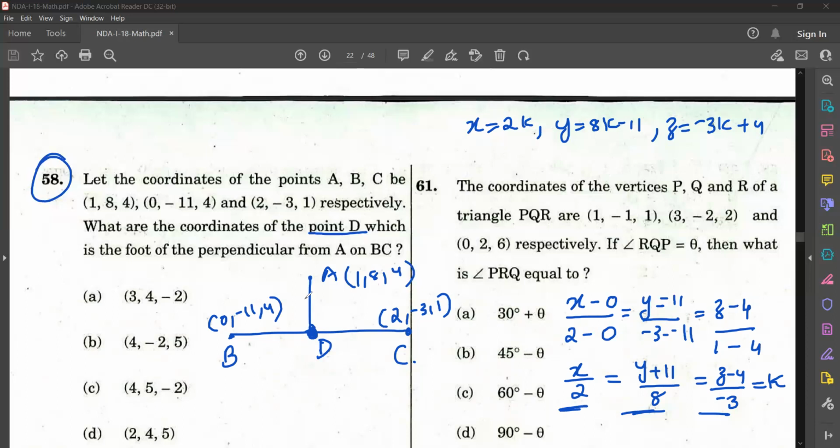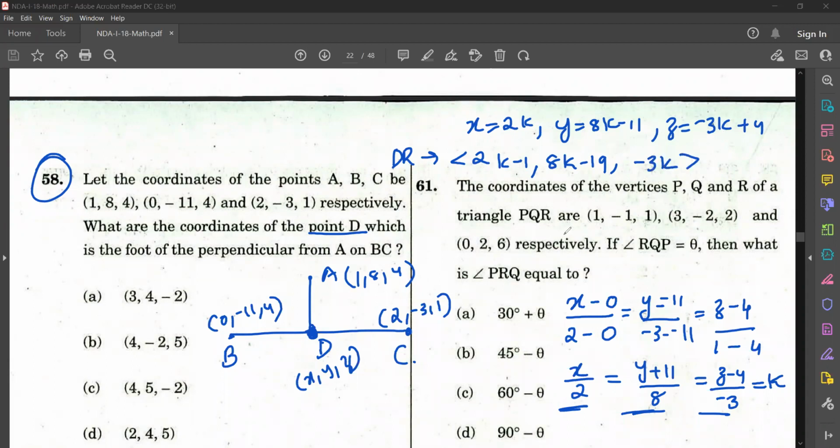Since D is (x, y, z), the direction ratios of AD are (2k - 1, 8k - 11 - 8, -3k + 4 - 4), that is (2k - 1, 8k - 19, -3k).